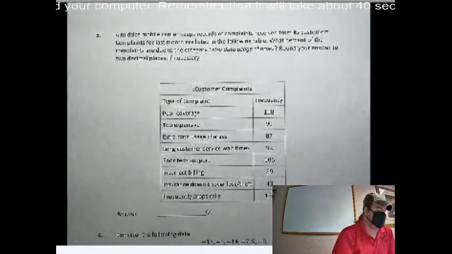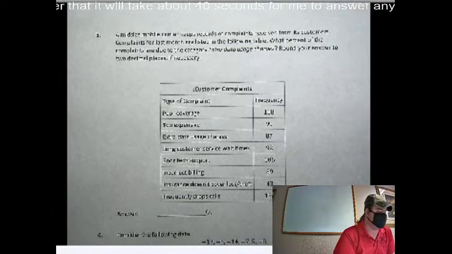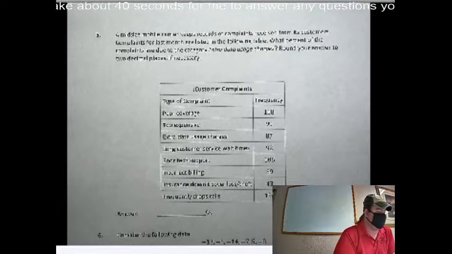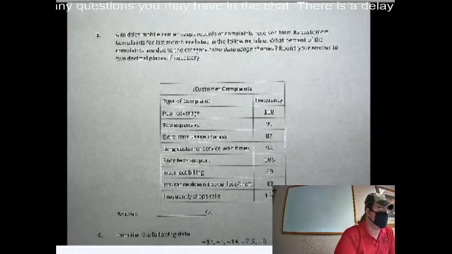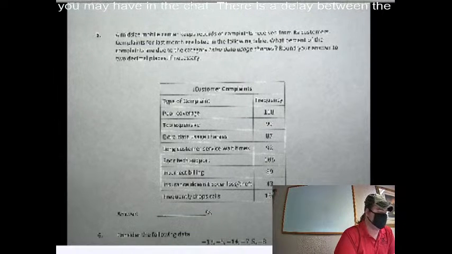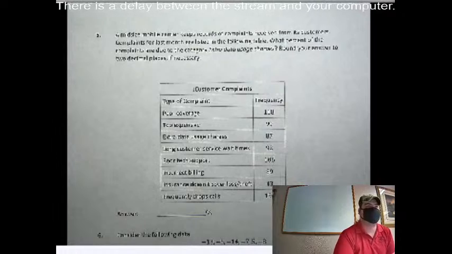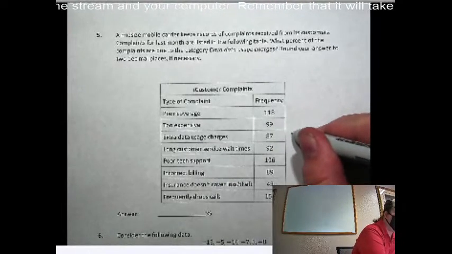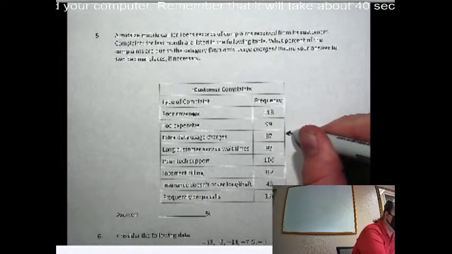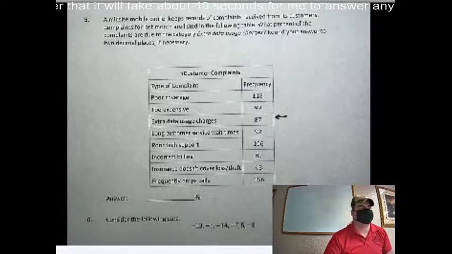Next, a mid-sized mobile carrier keeps records of complaints received from its customers. Complaints for last month are listed in the following table. What percentage of complaints are due to the category extra data usage charges? Round your answer to 2 decimal places if necessary. First of all, where is that category? Extra data usage charges, it's right there. We want to know what percent this represents out of the entire table.